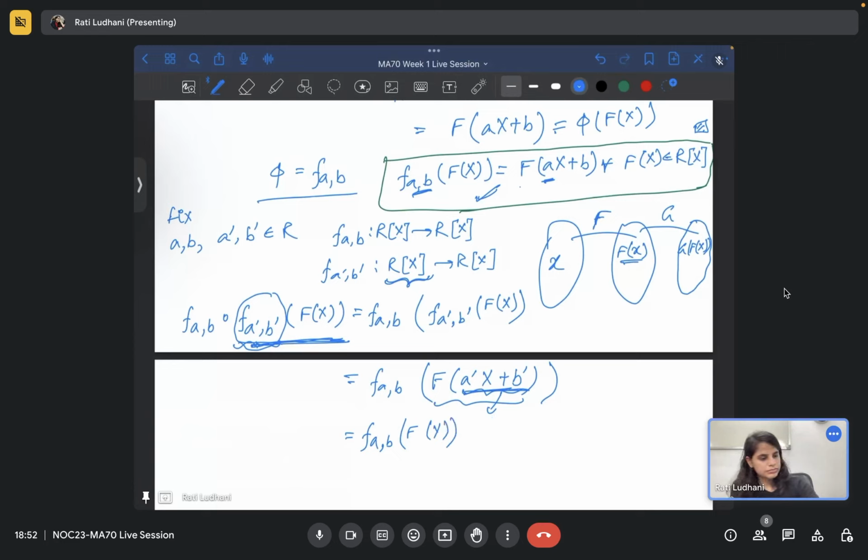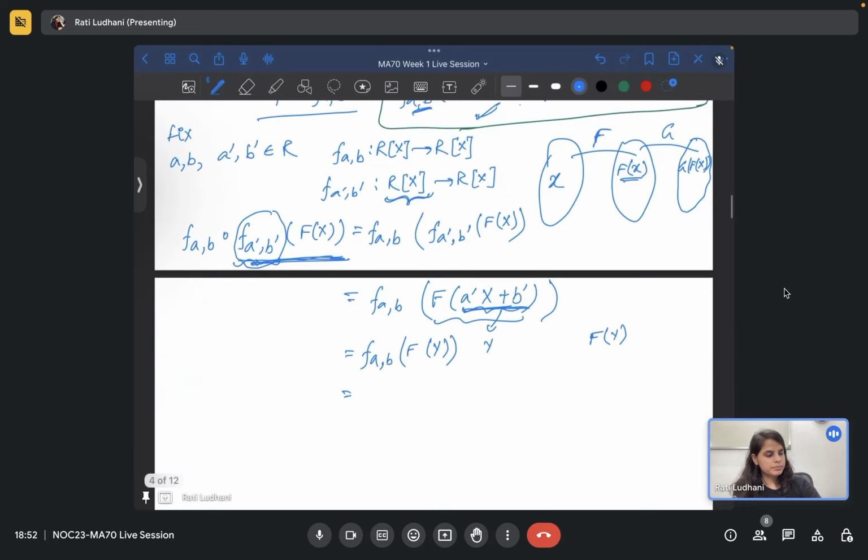Where does it map? I should not write it like this, it can cause confusion.